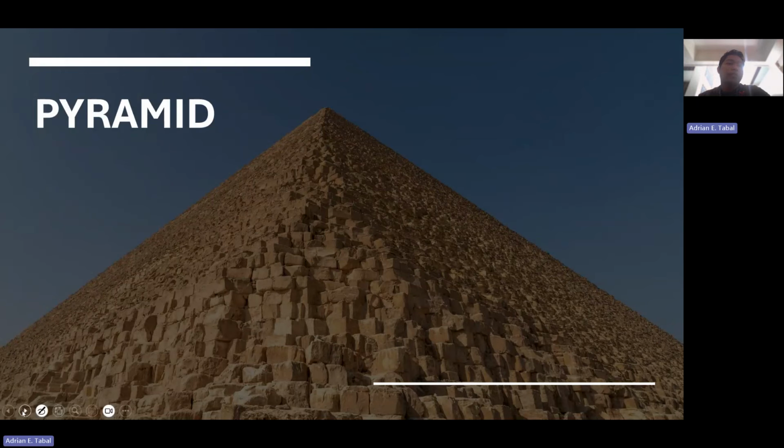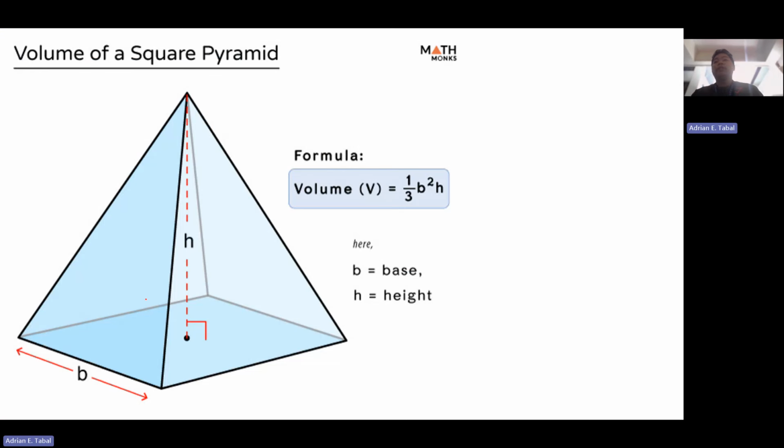Let's start first with the volume of the pyramid. The volume of the pyramid is equal to one third times its base area and height. We are talking first about the square pyramid, meaning the base of this pyramid is a square, just like the pyramid in Egypt.